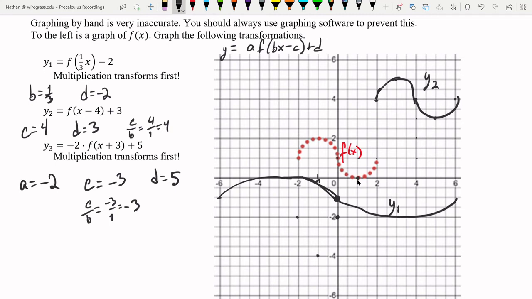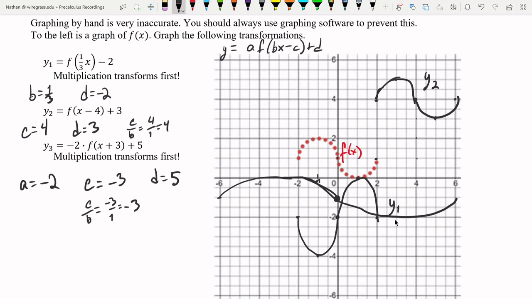So this point will not get moved anywhere yet. And this point here is going to get flipped down and then stretched out to there. So it's going to look something like this from just the vertical transform. We haven't done any shifting yet. Do you see how that's a flip and then a stretch by a factor of 2?